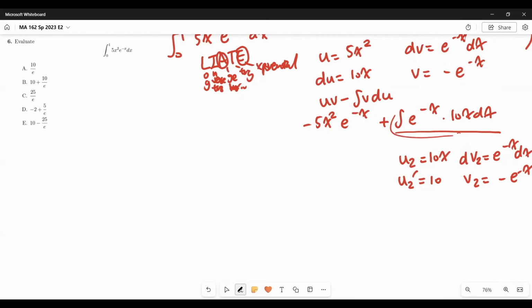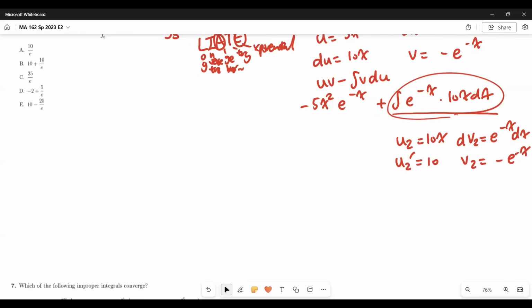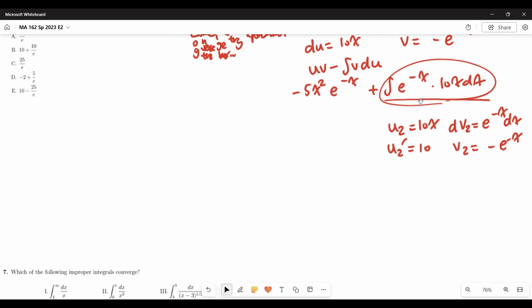So let's write this part again. So if you remember, u2 v2 minus the integral of v2 du2, which I'll write as du2 just for the sake of easy understanding. Sorry, I cannot talk apparently.